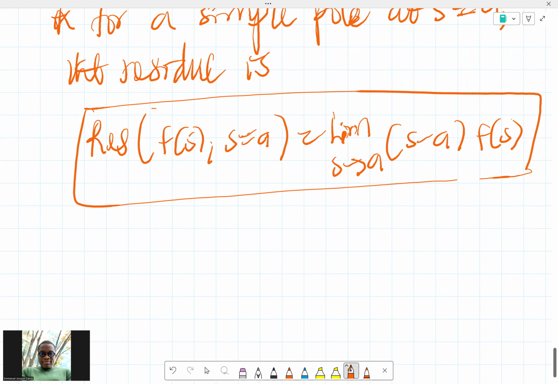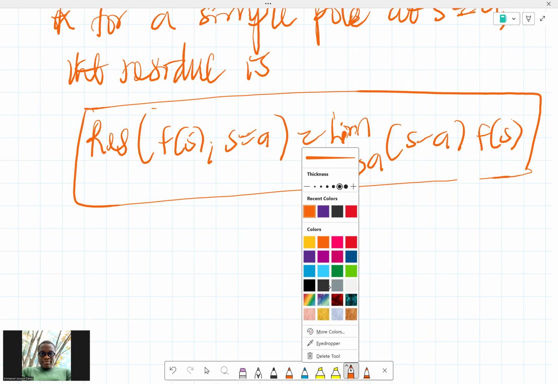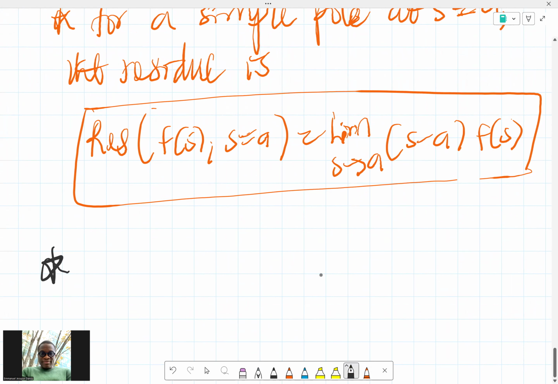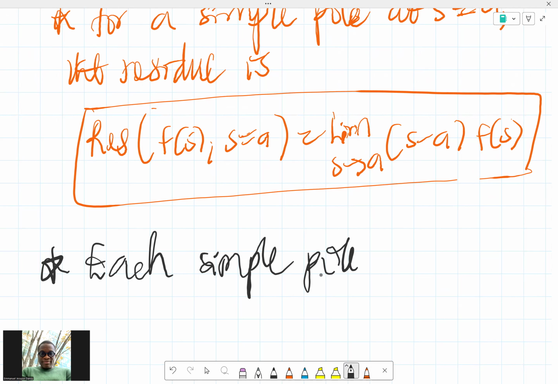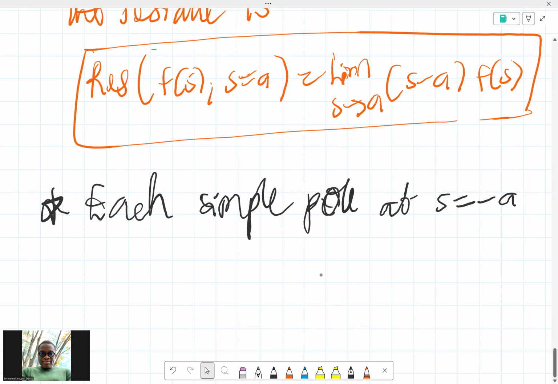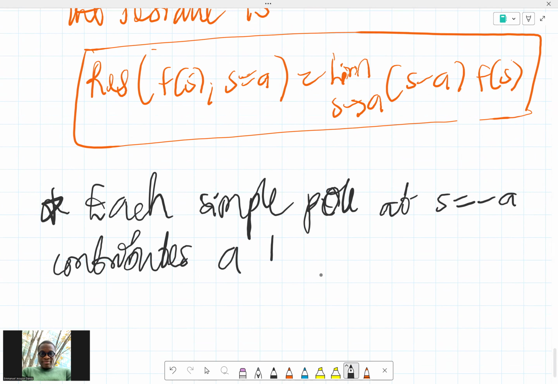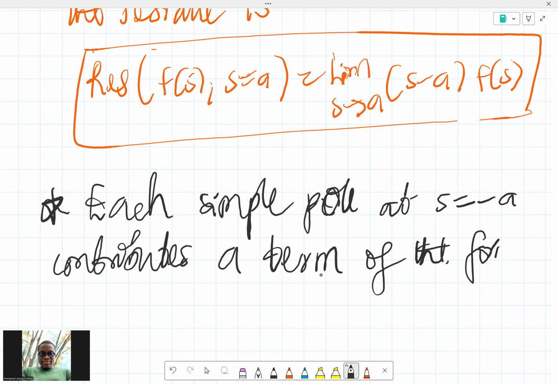And then we can also have another point, which is that each simple pole at s equals minus a contributes a term of the form e raised to the power minus at.